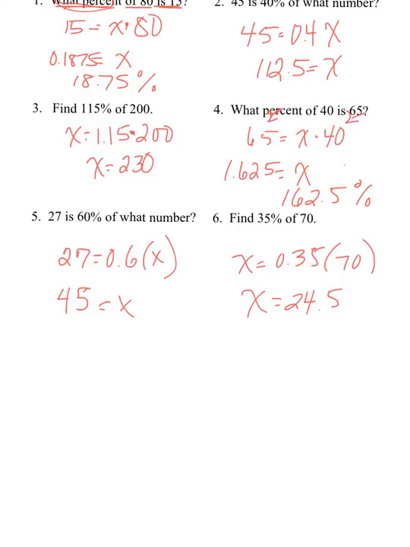What percent of the 40 is 65? So the piece is bigger than the whole, so it's going to be greater than 100%. So when you're doing these problems, I want you to use the formula, or the equation, is equals percent times whole, or of. Same thing. So part equals the percent of the of.